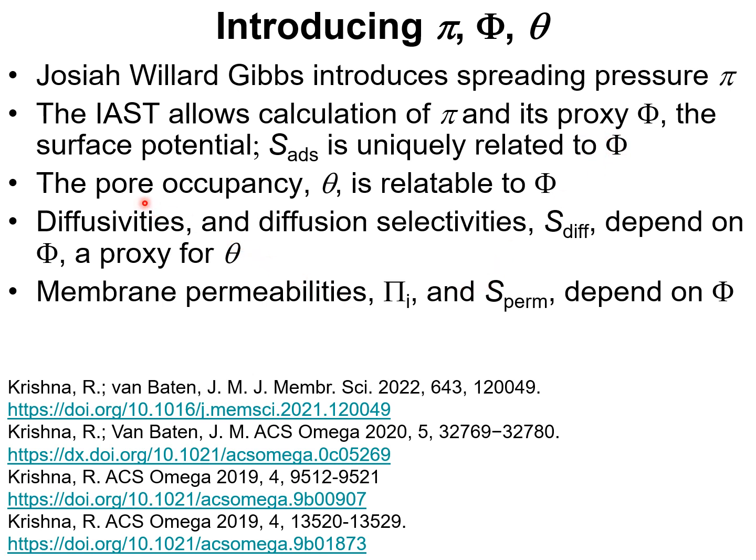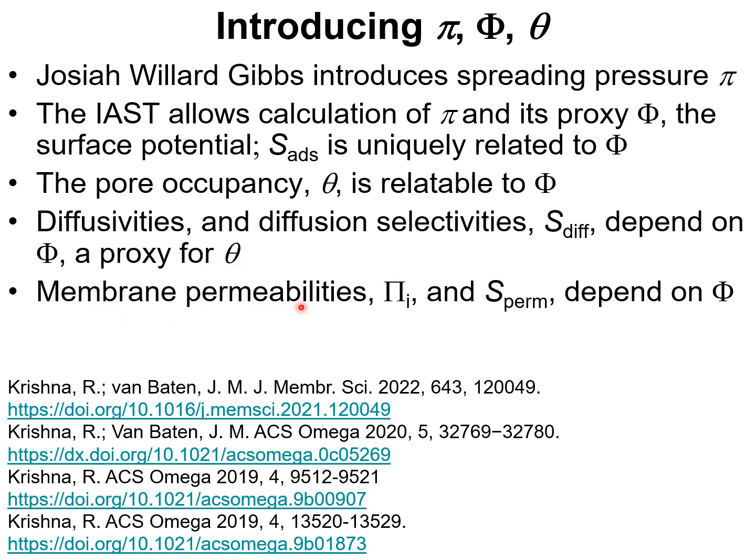The occupancy of guest molecules inside the pores, theta, is relatable to the surface potential phi. The intracrystalline diffusivities and diffusion selectivities depend on the surface potential phi that can be considered as a proxy for the pore occupancy.